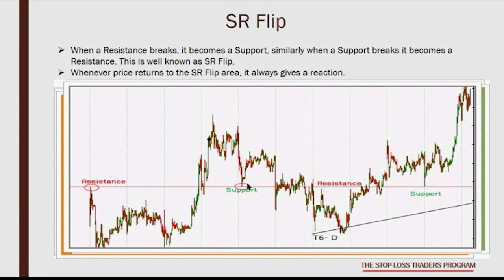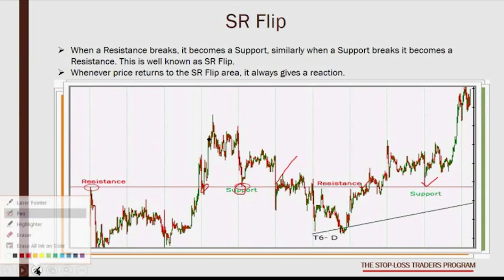And at some point of time, it generally breaks the level, because there are no more orders. So a decision is made that this time, this resistance is not going to work. And hence, the price will break through the resistance and move up.